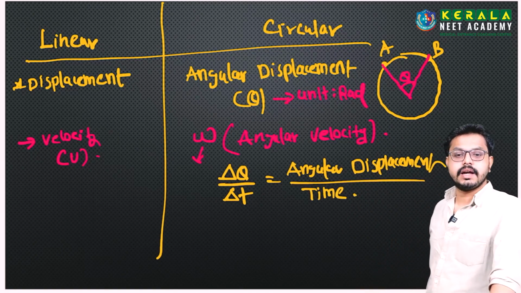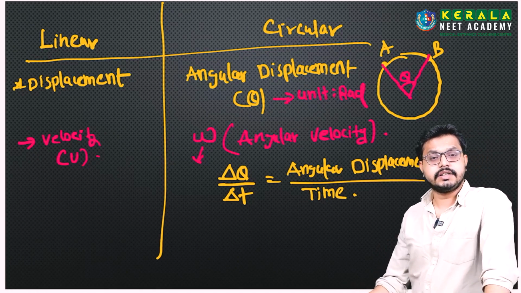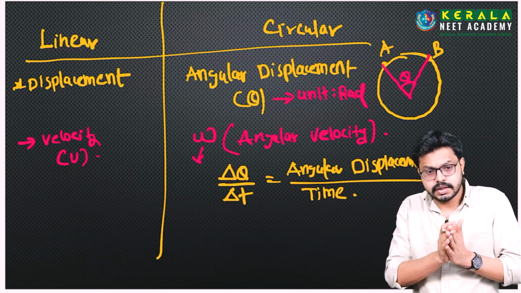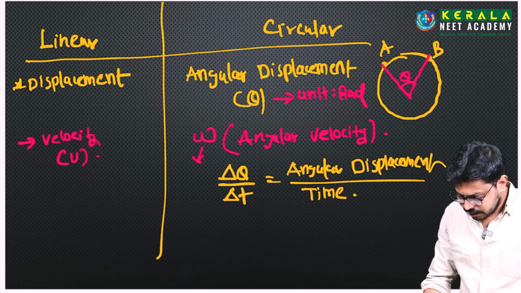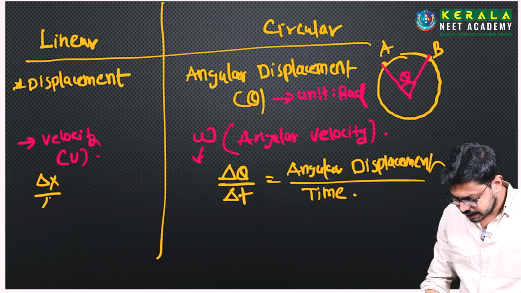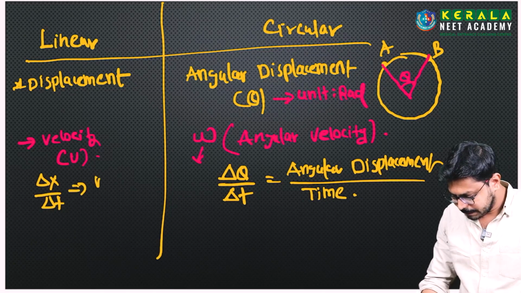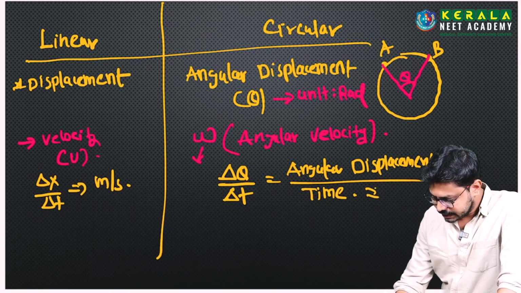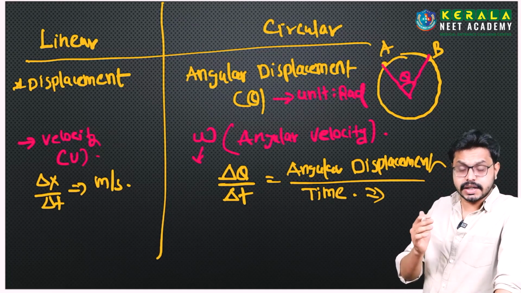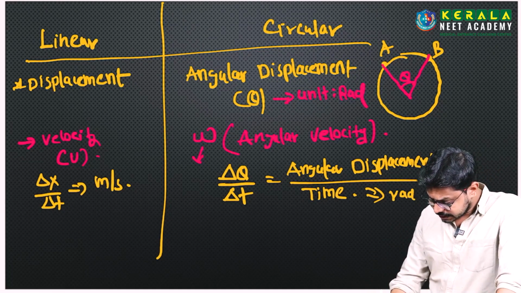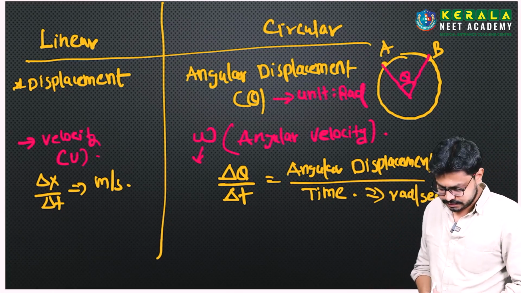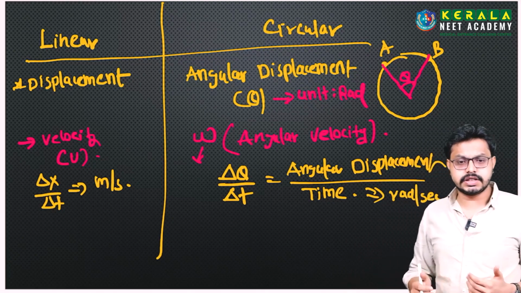In the linear case it is delta x by delta t, and the unit is meter per second. Here, delta theta by delta t, the unit is radian per second. Clear? So that is the angular velocity omega.